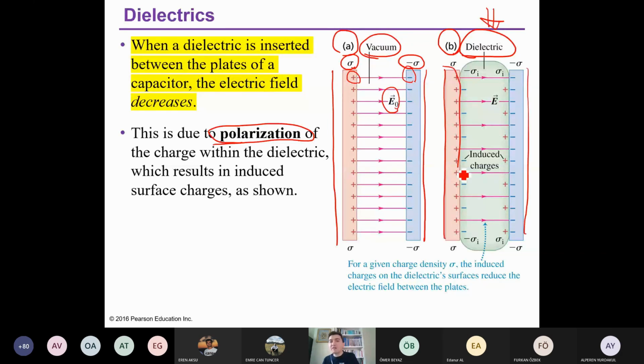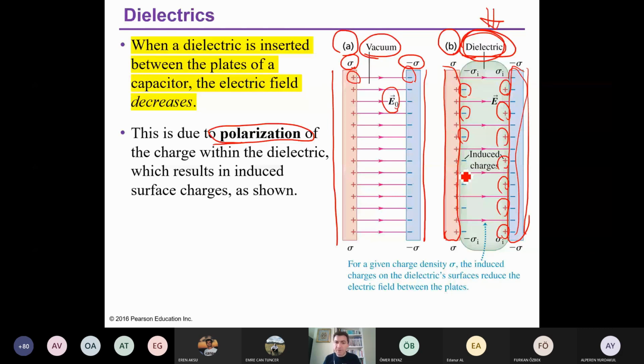Due to polarization within the dielectric material, positive charges are collected here within the dielectric, because they are attracted by these negative charges. You can consider it like this. And negative charges within the dielectric material are collected here on the positive side of the capacitor.